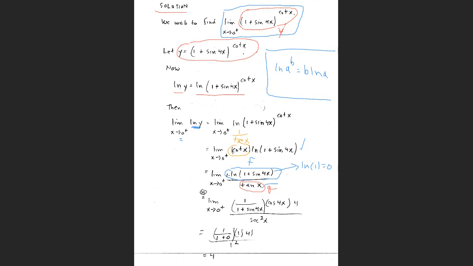The denominator will approach the tangent of 0, and that's just 0. So we have the indeterminate form 0 over 0, and so we can apply L'Hopital's rule.